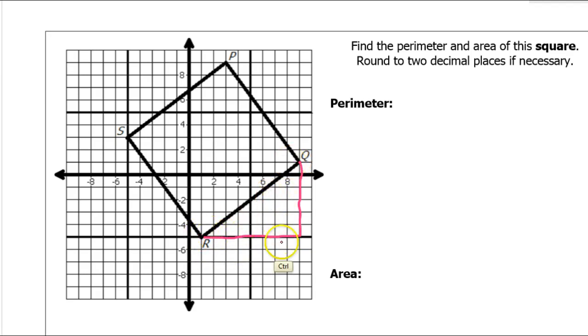So let's see. The horizontal distance here is 8, and then the vertical distance is 6. So if I do a quick Pythagorean theorem, that's going to give me the square root of 8 squared plus 6 squared.